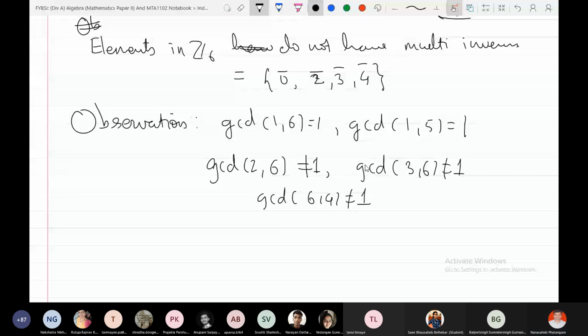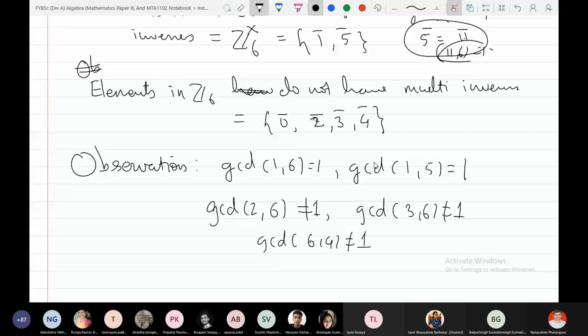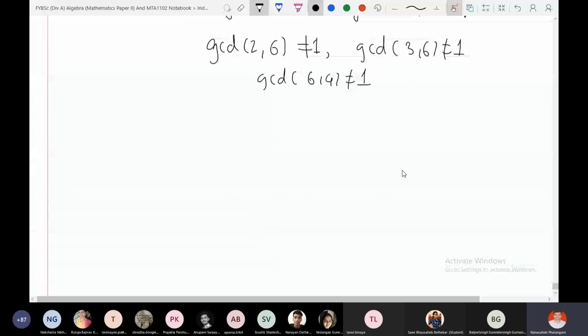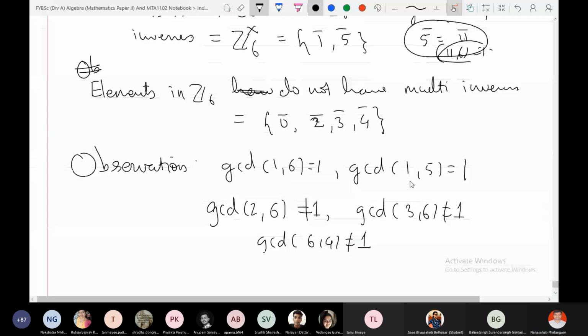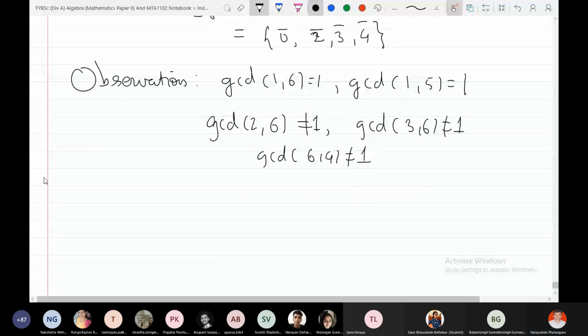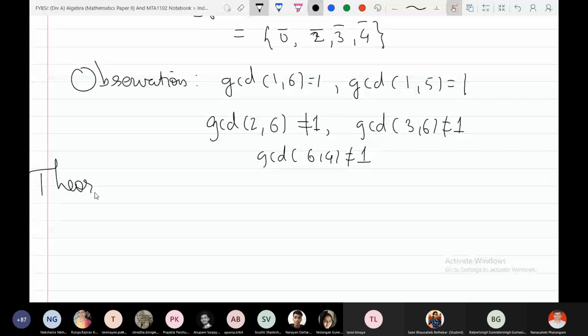Yes, sir. Okay, now can you make some general theorem or statement? Can you make some general statement, which will be a big statement? Right, so this is a particular case and I want to make a general statement, which will be suitable in any situation, whatever n doesn't matter.